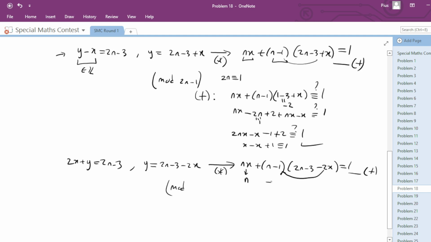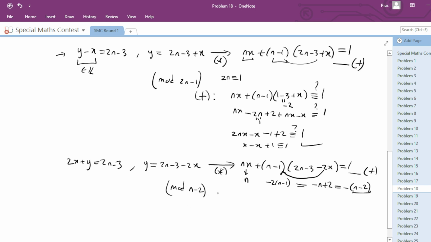So that will be minus 2 into n minus 1. If you add that together, you're going to get minus n plus 2, or negative (n minus 2). So this means the proper positive coefficient is n minus 2, and n is greater than 3. So n minus 2 is greater than 1, so it's also a proper modulus.